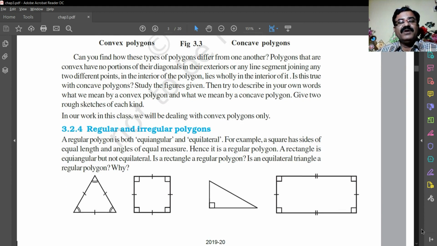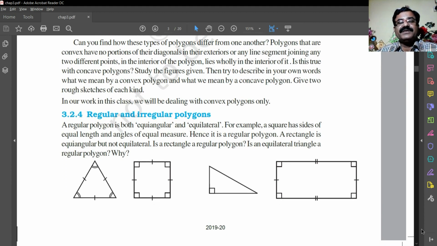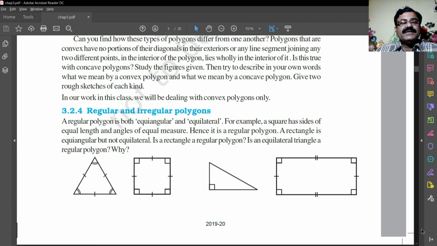Now regular and irregular polygons. Students, a regular polygon is both equiangular and equilateral. That is, all the angles are equal while all the sides are also equal to each other. That is a regular polygon. For example, a square has sides of equal length and angles of equal measure. Hence, it is a regular polygon.